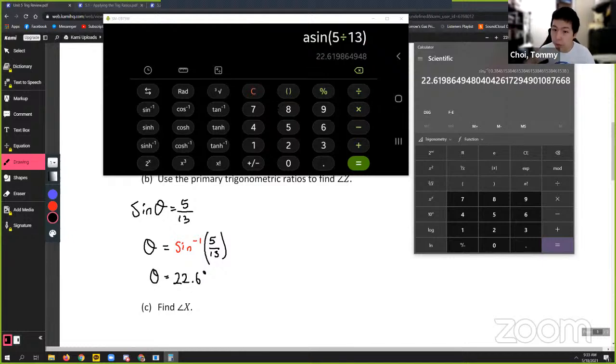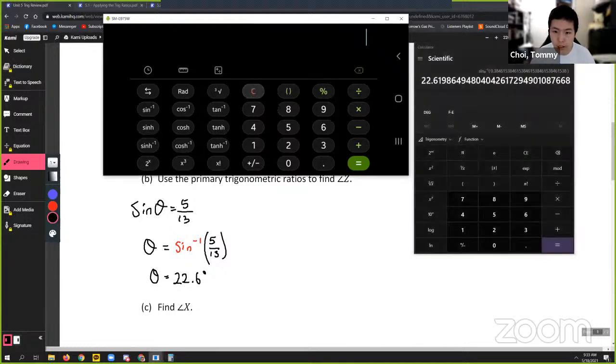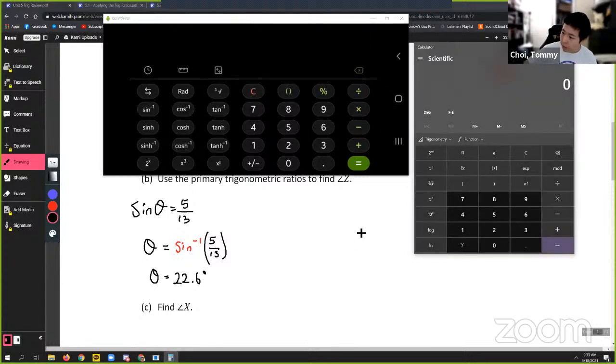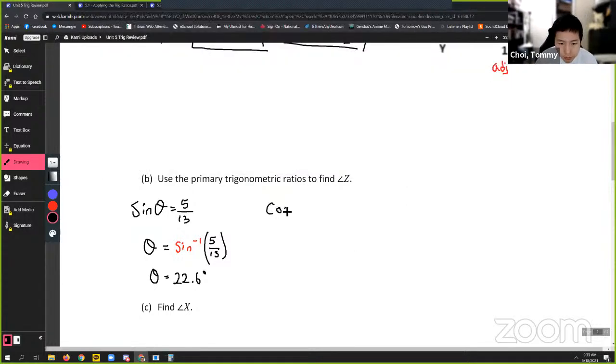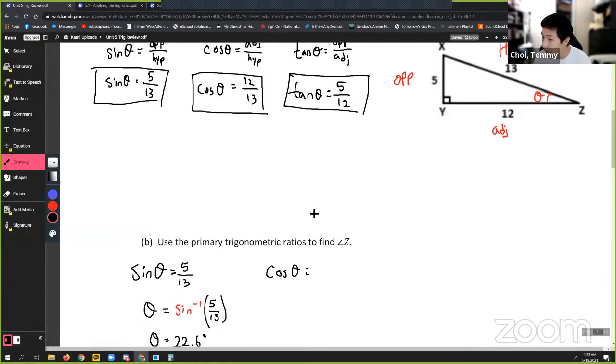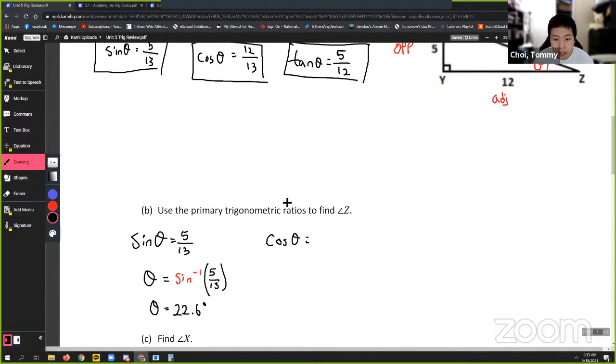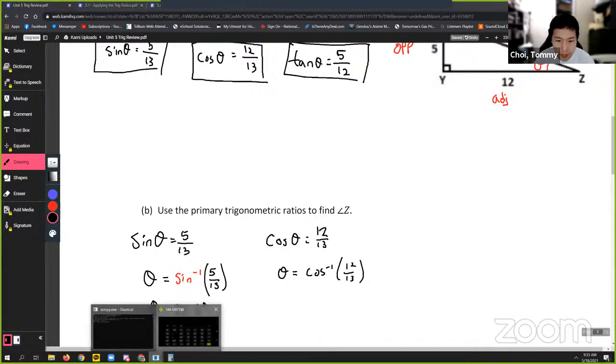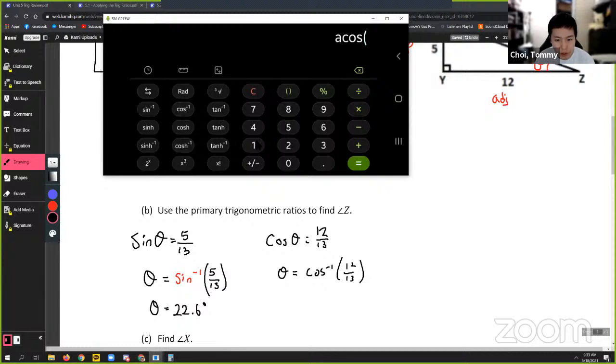So we want to get comfortable with actually being able to find this on a calculator. The best part about doing this is that when we do cosine as well, because we're talking about the same angle, angle Z, you should get the same angle. So for cosine, when we do cos inverse of 12 divided by 13, we should once again get the same answer, 22.6.